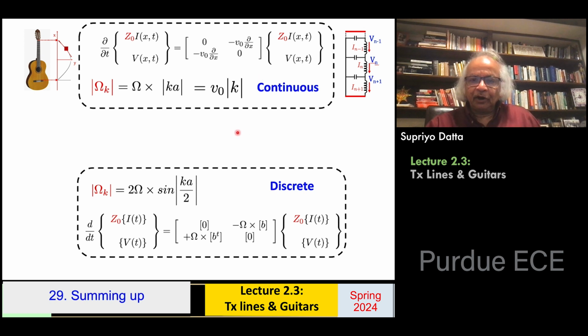But then if you want to solve something numerically, although you might start from here, you try to make approximations to put it in this discrete form. And in that case, you have to remember that you should make a really small in order to get a proper representation of the actual continuous system.